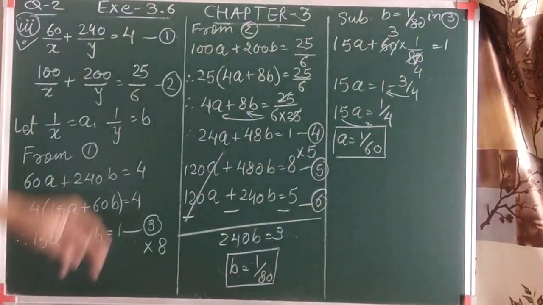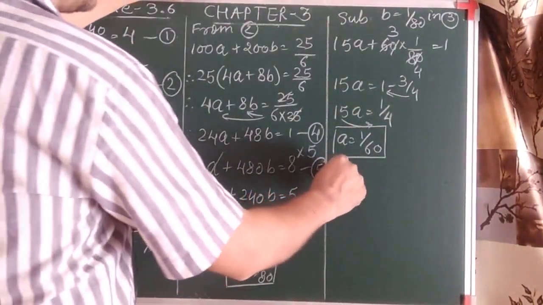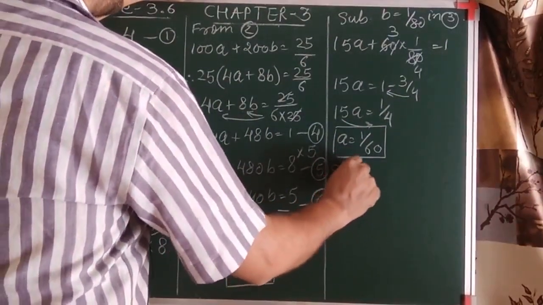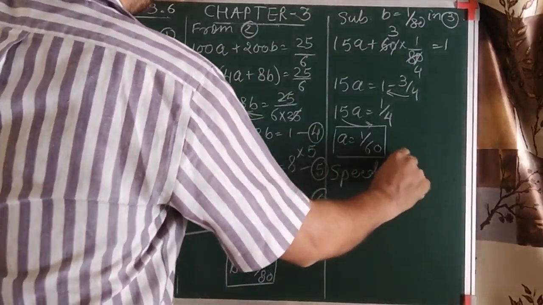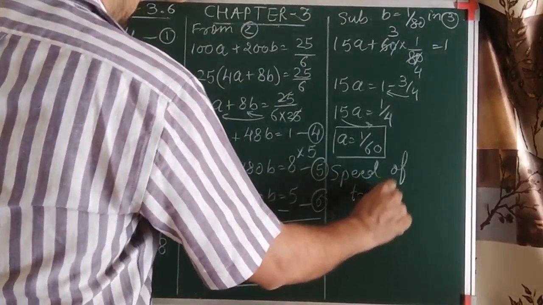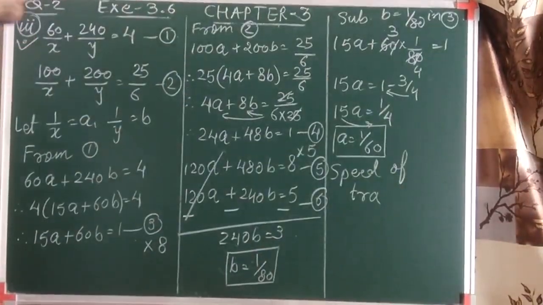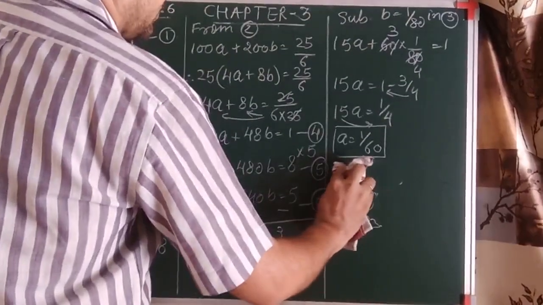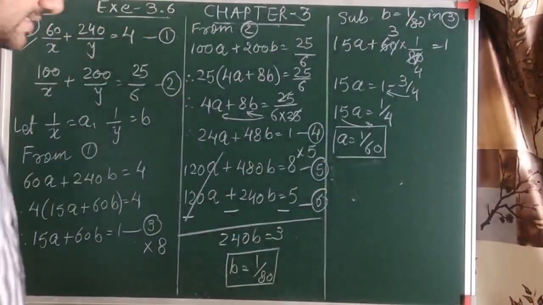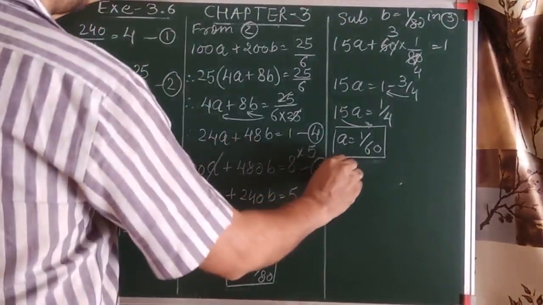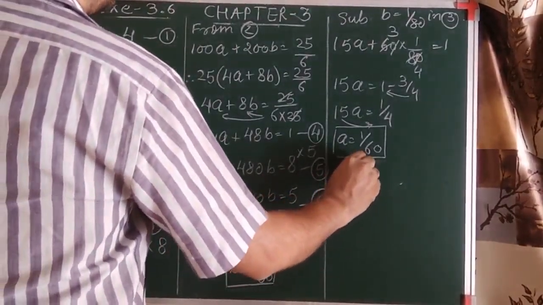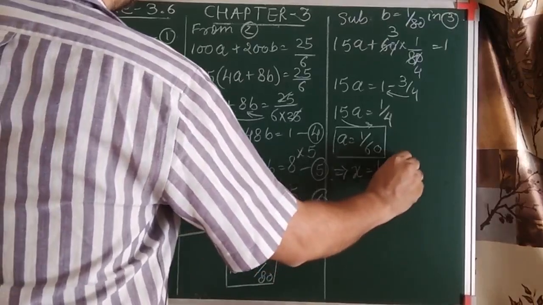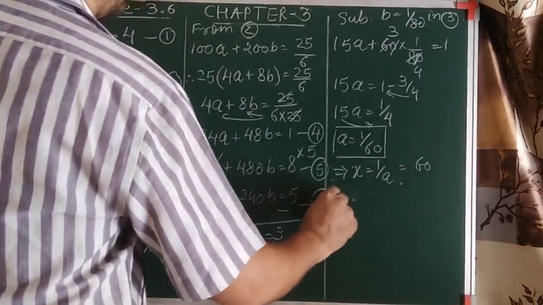As the values of a and b are obtained, at the initial stage we supposed the speed of the train, no, still it is left. We have to convert this into x and y. As earlier we have said that x is 1 by a, so the value of x is 60.